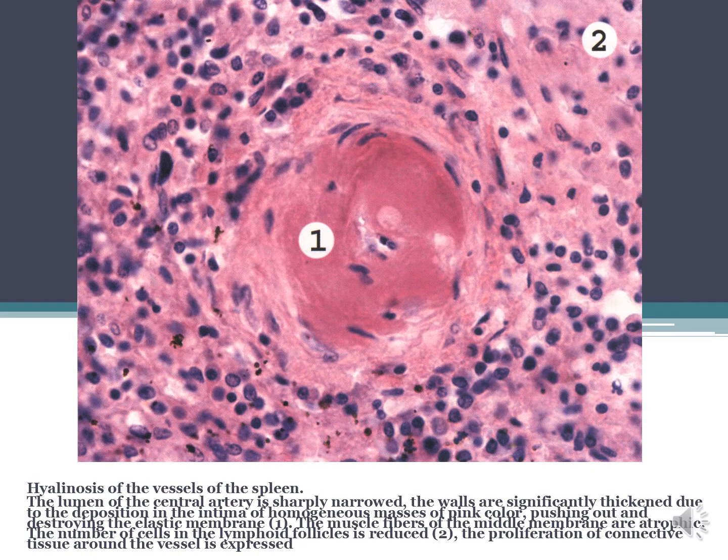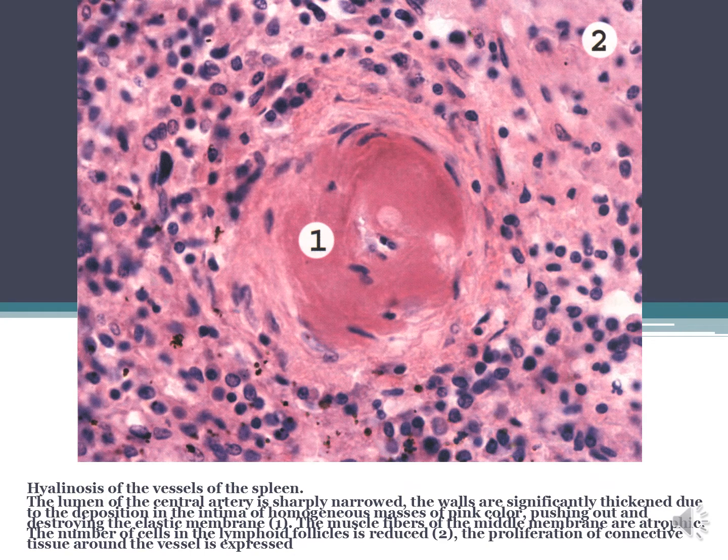Here again the example of hyalinosis. Number one is the area of hyalinosis of the spleen's vessel. We see that the lumen of the central artery is sharply narrowed.